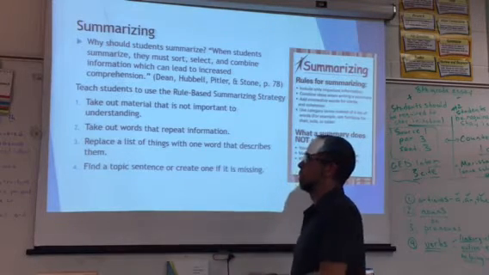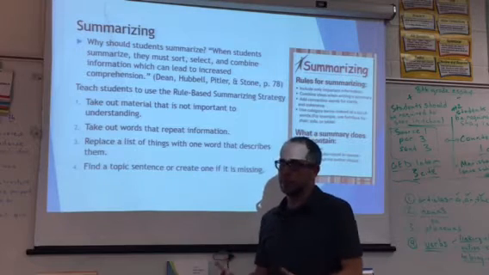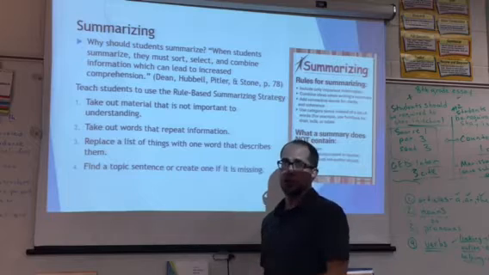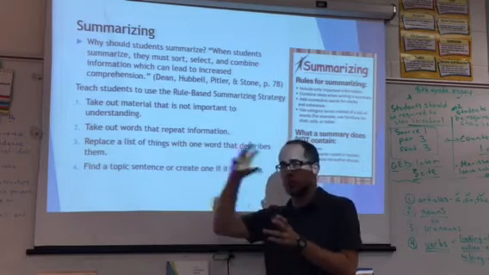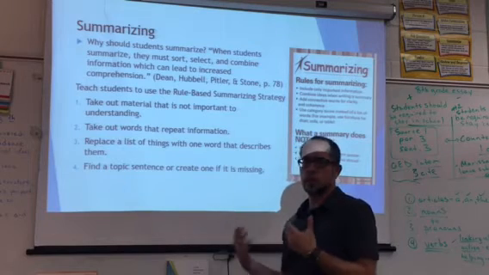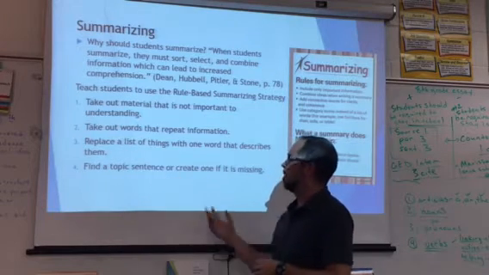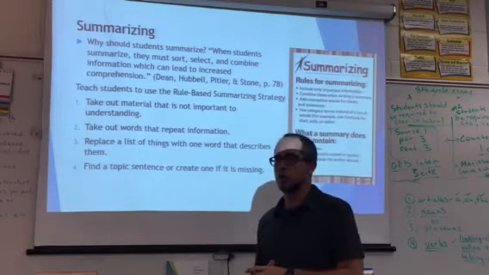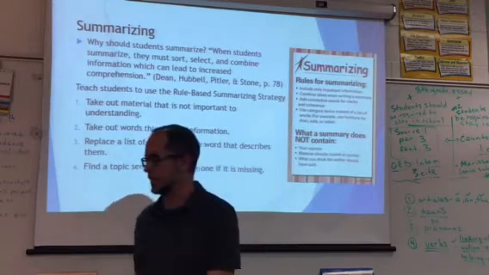We just want the most important. Take out words that repeat the same information. Replace a list of things with just one word that simplifies it. Instead of writing every one in a series out, just write the simple category that it's in. Find a topic sentence. This is also great for helping students focus on creating their own topic sentences or main ideas.